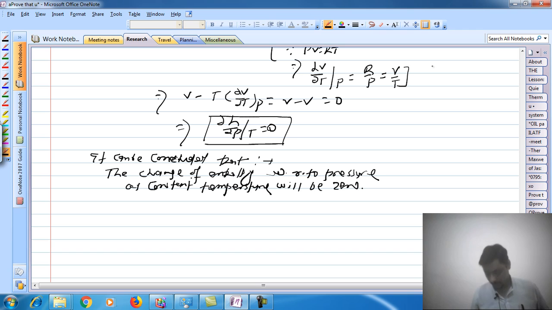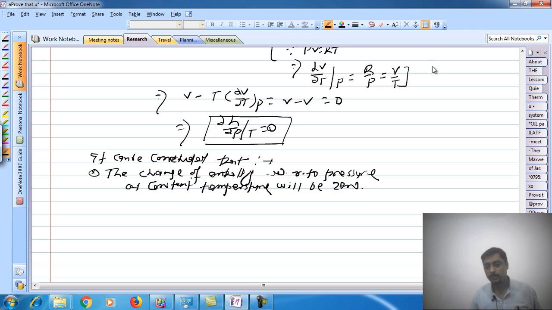So we need to be alert and careful, because this derivation can be asked directly in a different form. The question might be asked like this: prove that the change of enthalpy with respect to pressure at constant temperature will be 0. That means we have to proceed from the beginning.